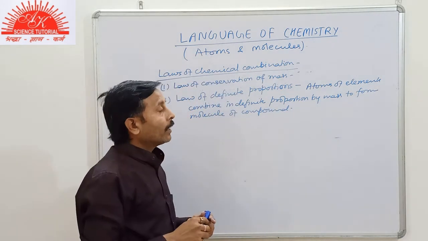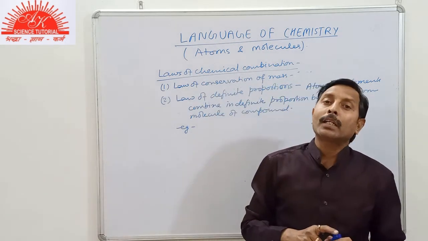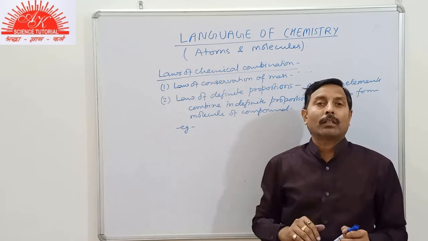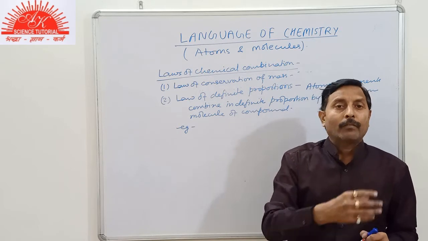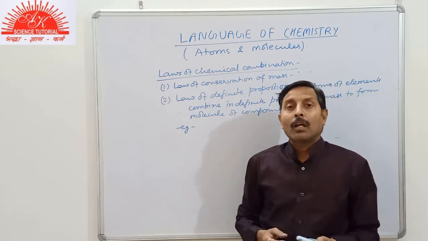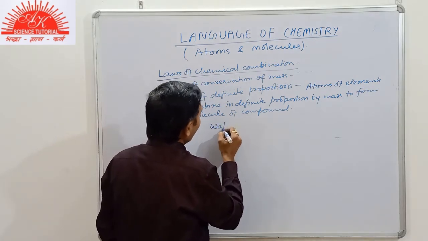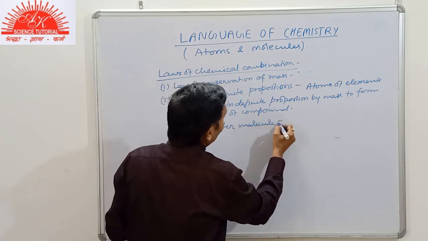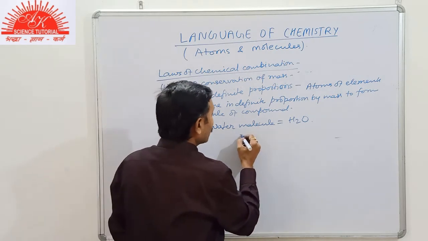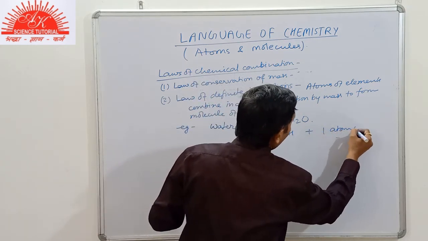Definite proportion. Now for example, whatever may be our source, wherever we obtain that particular matter, suppose you take pure water, whether it is taken from the sea, from a river, from a well, or from any other place. Whenever we take a water molecule, its formula is always H2O, that is 2 atoms of hydrogen plus 1 atom of oxygen.